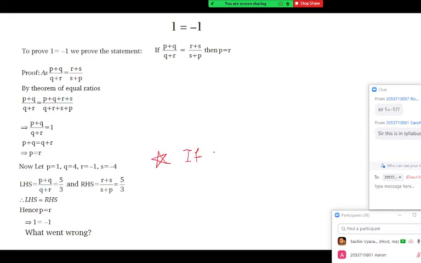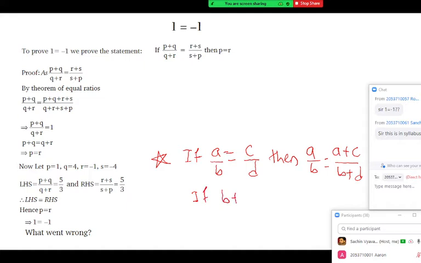If a upon b is equal to c upon d, then a upon b is equal to (a plus c) upon (b plus d). If b plus d is 0, then a plus c should be 0. That's the theorem of equal ratio.